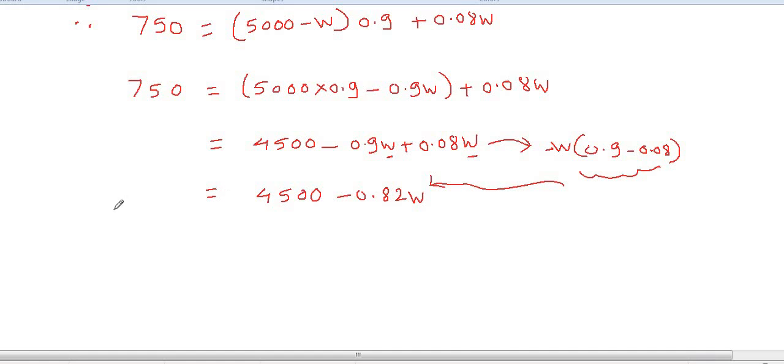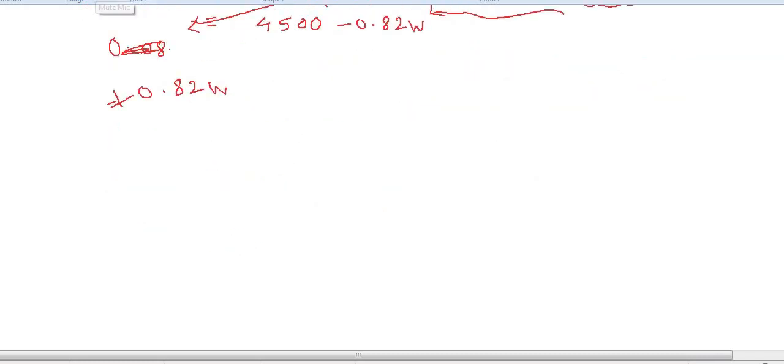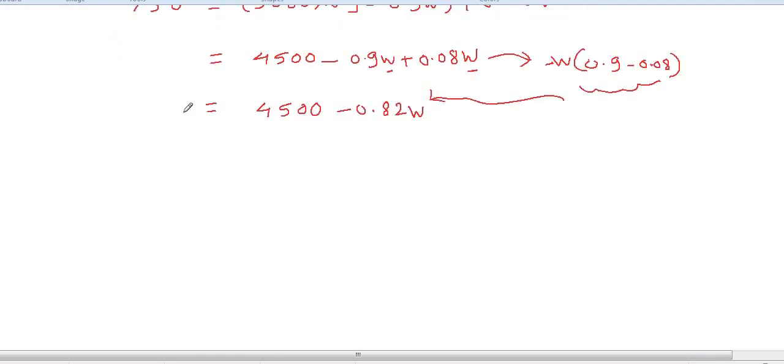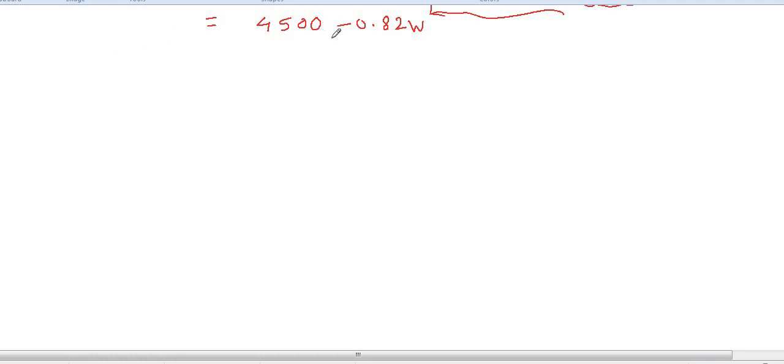I am just simplifying it again so that you will get 0.82 W. This minus sign, you take to this side, so it will be plus 0.82 W, that is equal to 4500.